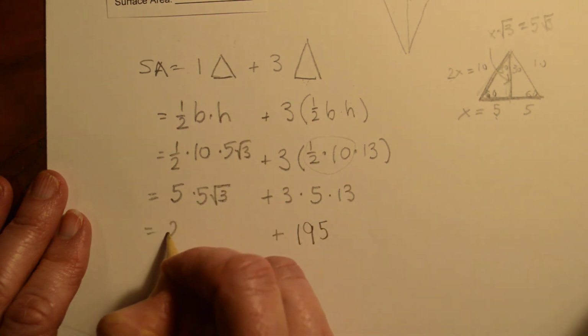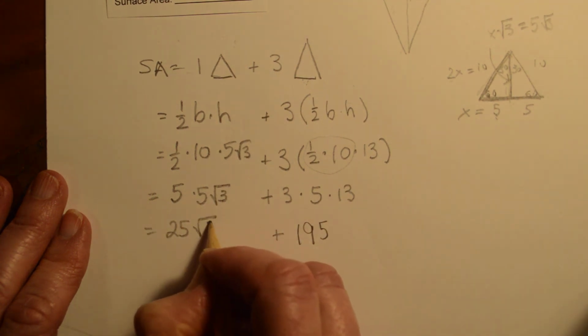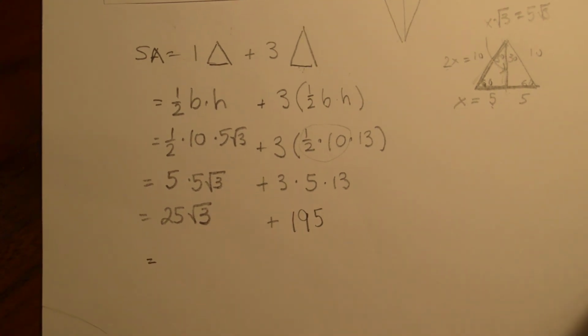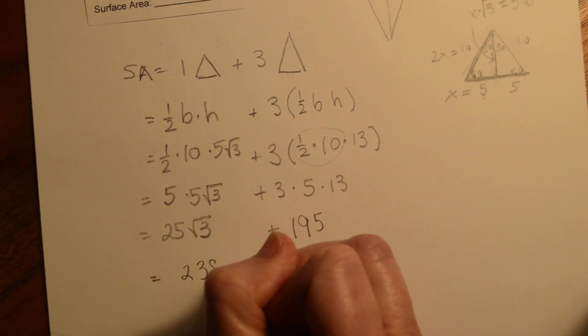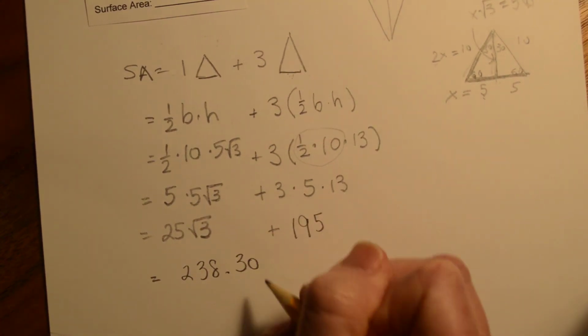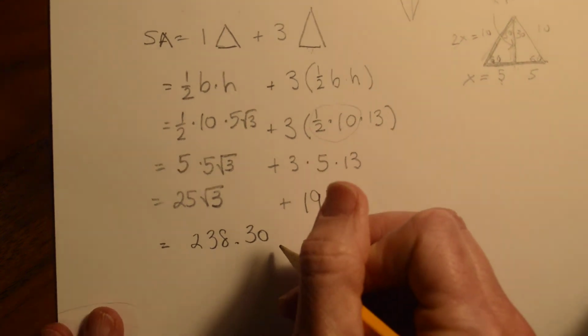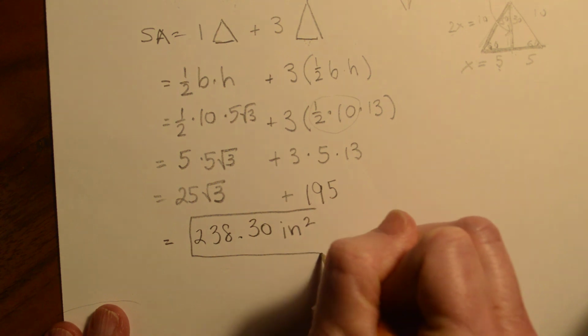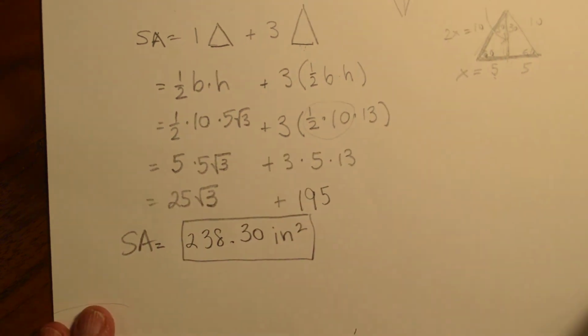This is 25 root 3. All right, so I'm going to add 195 and 25 root 3, and I get 238.30. And this is in inches, so it's inches squared. And that's our surface area.